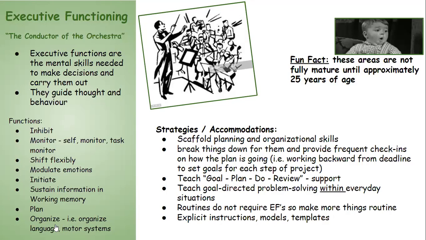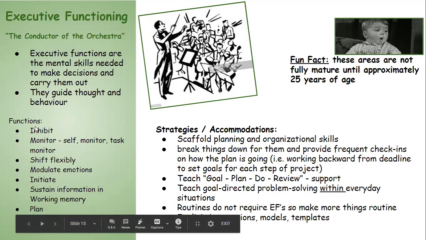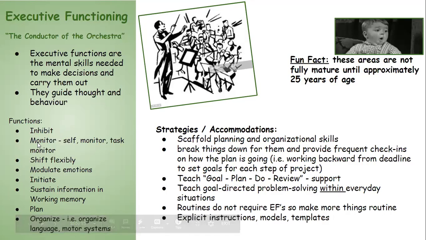When you see it reported in a psych ed assessment, you'll see the examiner reporting on these areas. So inhibition, ability to monitor themselves, shifting their thinking, modulating emotions, and so on. So often kids with severe executive functioning weaknesses have problems in all of these areas. So what you want to do is connect these to the IEP and perhaps pick one or two areas per term that you can really work on trying to improve.